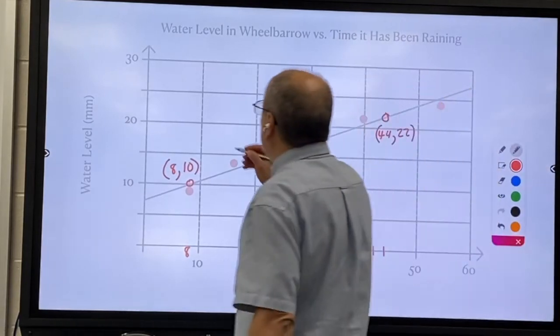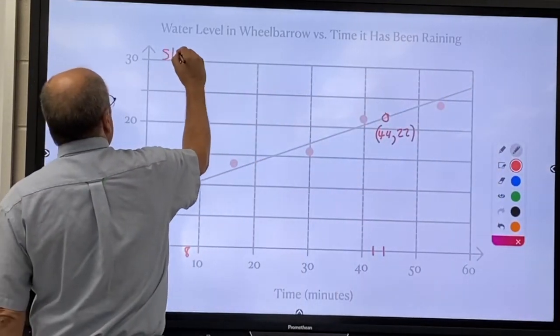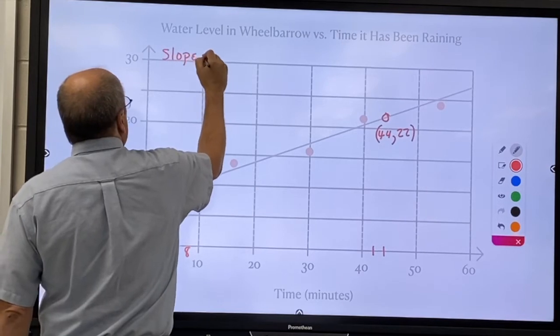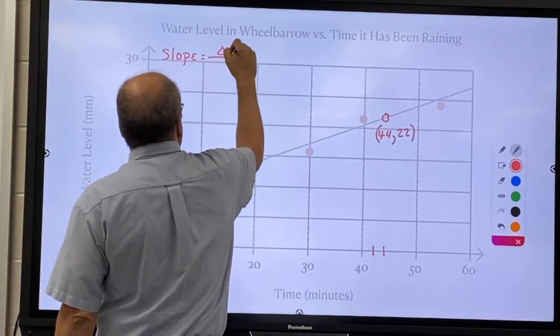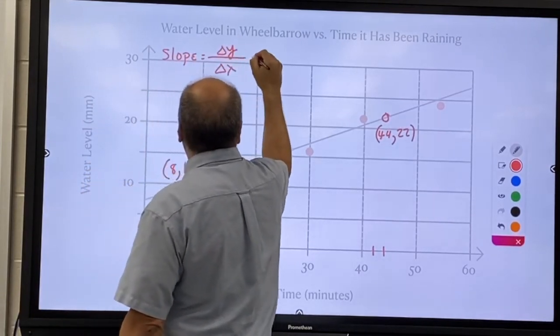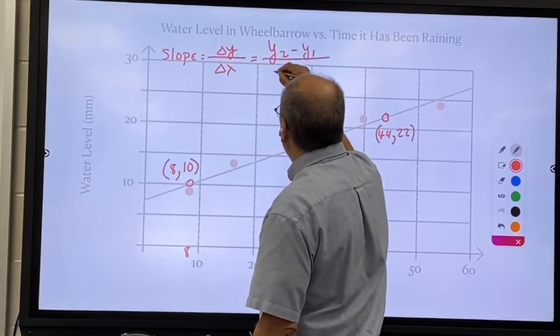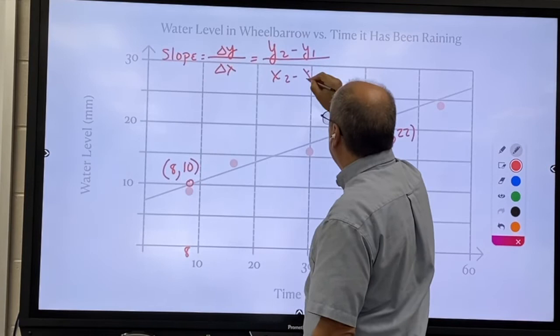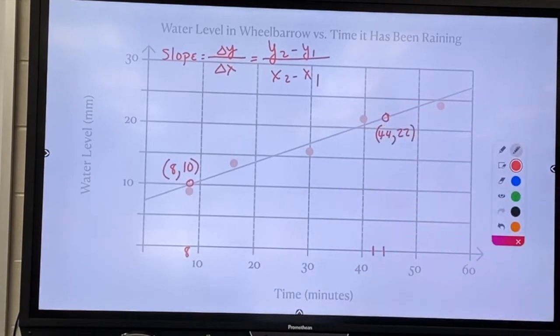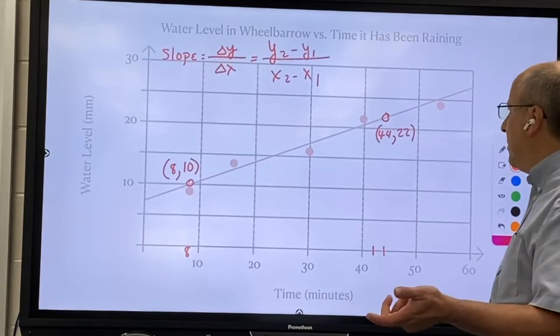Okay, then you want to do slope equals change in y over change in x. If you prefer, you might remember from your math class writing it as y2 minus y1 over x2 minus x1.